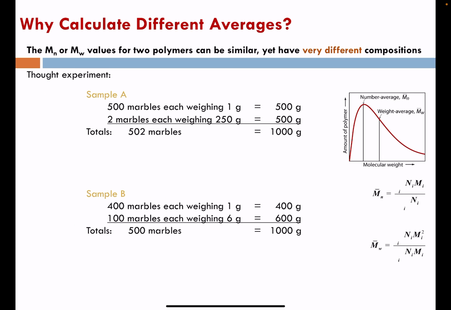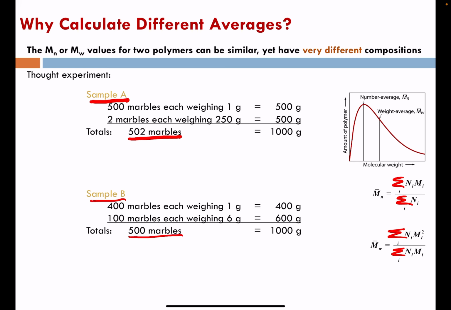Here is a thought experiment to help you get a hold of number average and weight average molecular weight. Apologies, the sigma symbols here haven't presented themselves online. Consider sample A, which is made up of 502 marbles, versus sample B, which has almost the same number of marbles, 500.